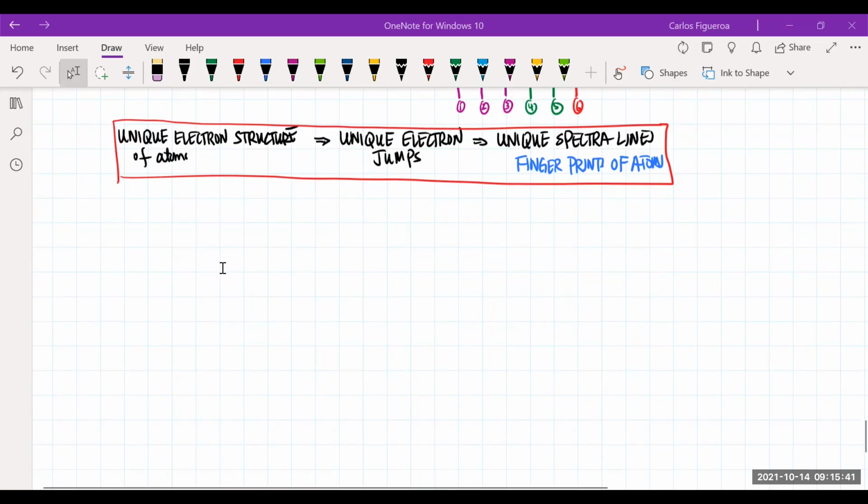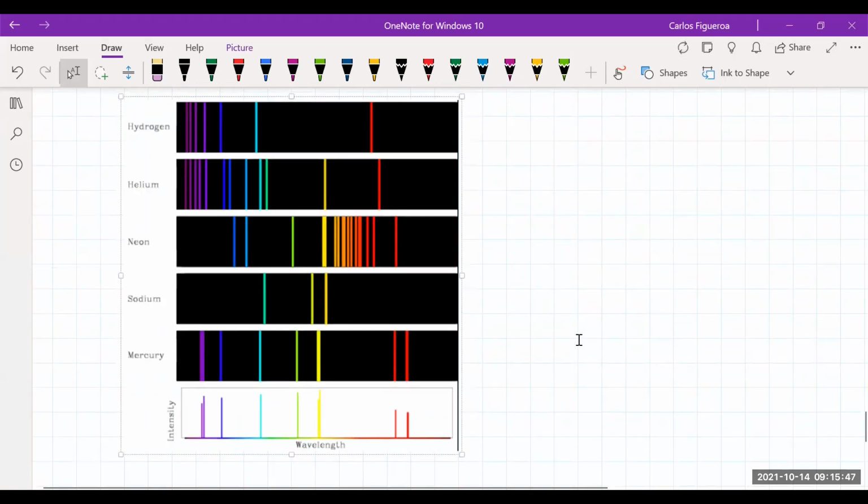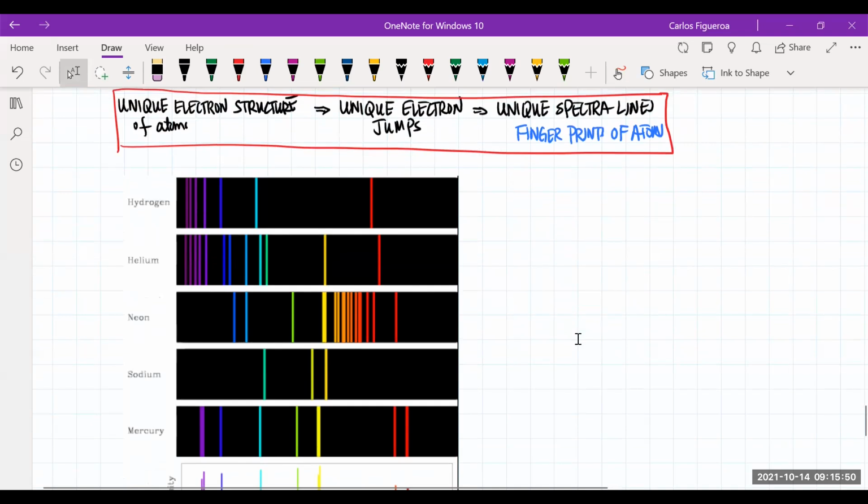So what I'll do here is show you what I mean by this. These are actual spectral lines. Actually, they're colorized, but look at hydrogen. This is hydrogen. Look at the structure here. If you're looking at the structure, you could see by looking at the spectral lines that they're getting smaller and smaller and smaller.